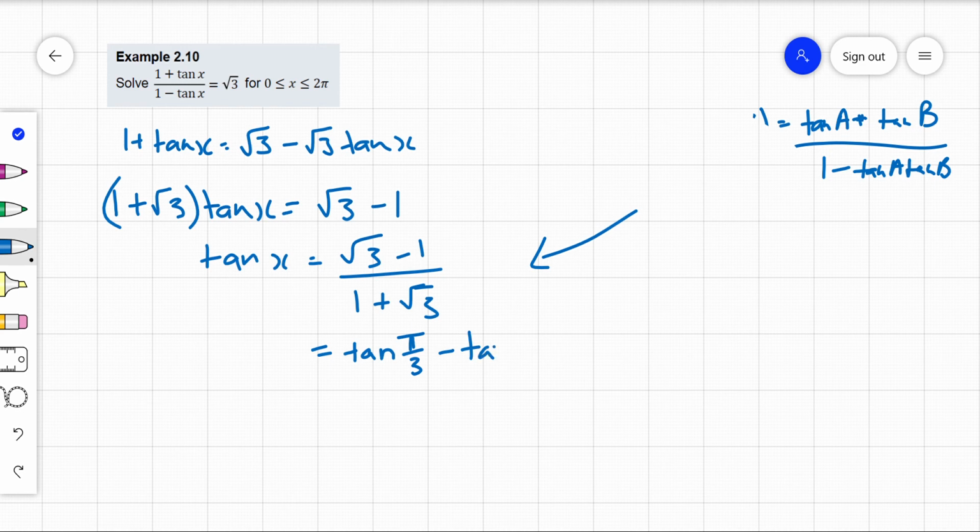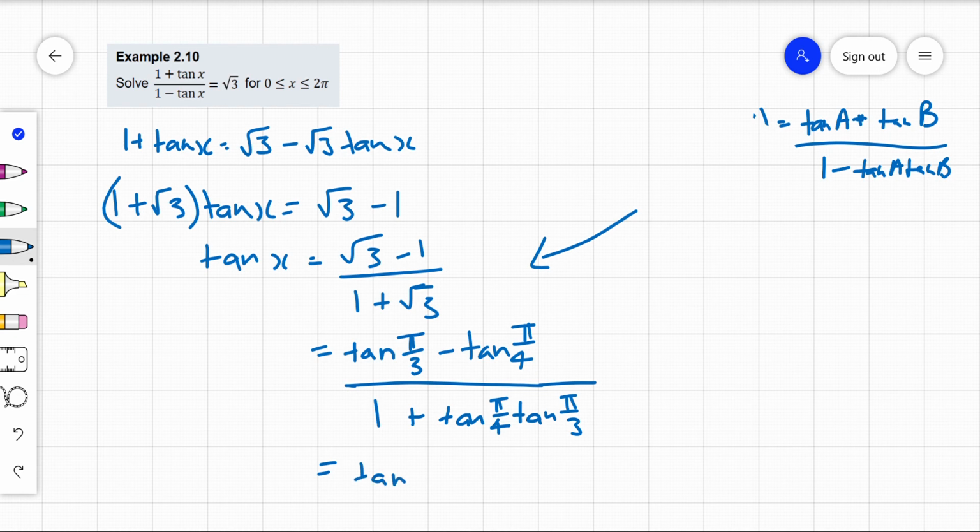We know the 1 is tan pi on 4, and then we've got that 1 plus again, so we can have 1 times root 3, so 1 is tan pi on 4, and root 3 is tan pi on 3. So you may then see that you have tan x being this compound angle.